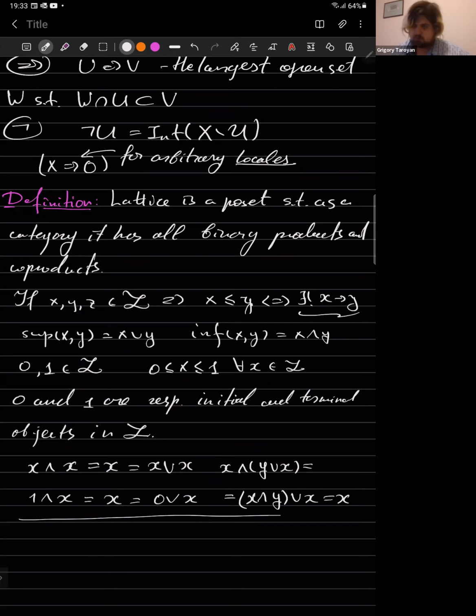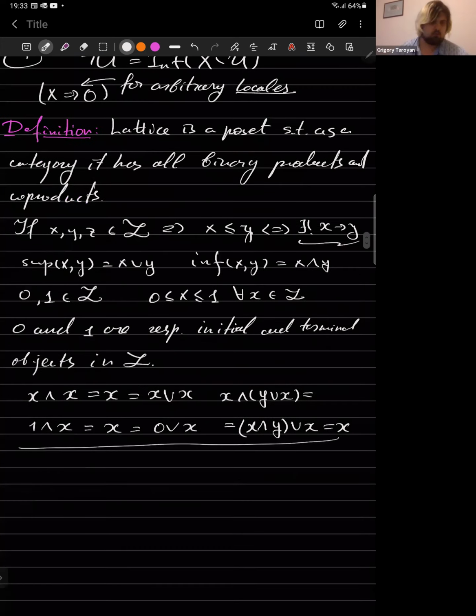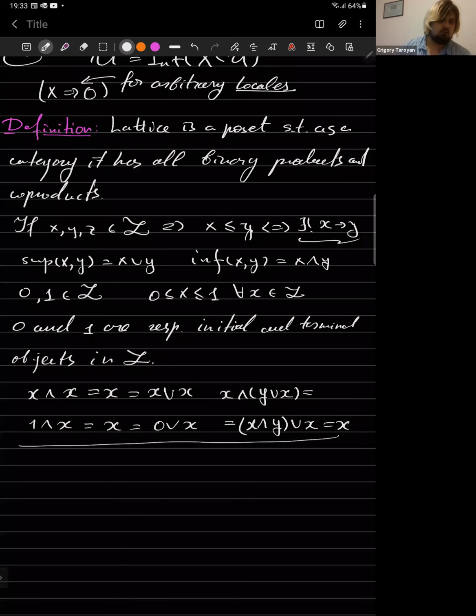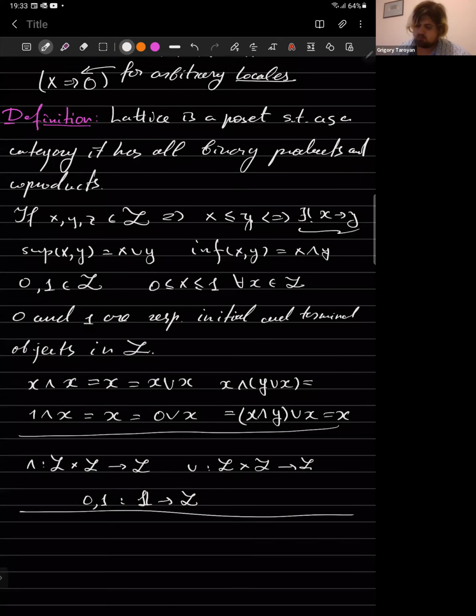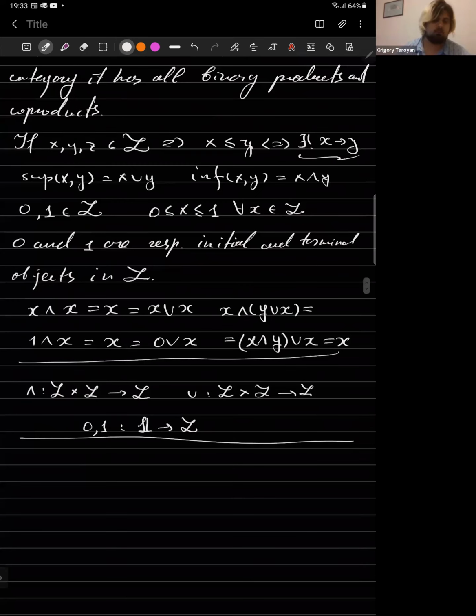These conditions give us equations on two binary operations and two unary operations. So these equations can be used to define a lattice object in an arbitrary category, which can be useful.